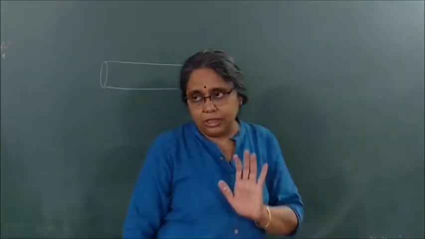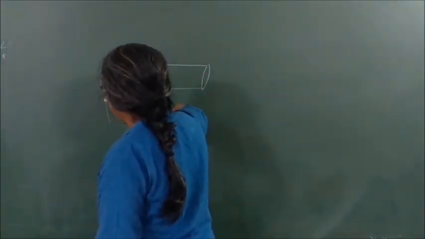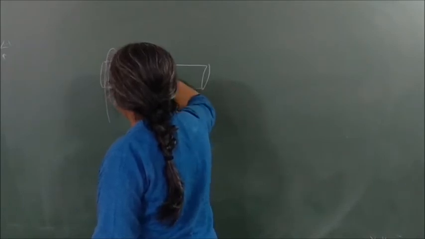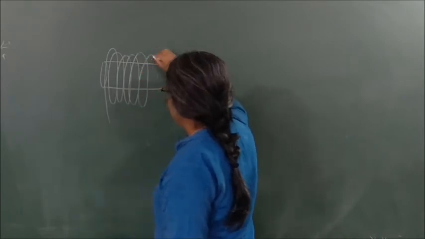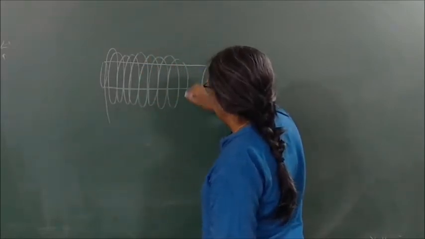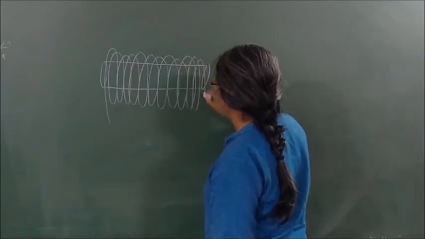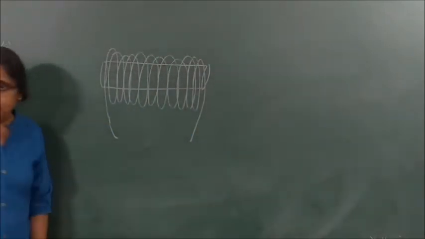Okay? And on that, what we do is we take a copper wire and then rotate it very closely to make a solenoid. Do you get my point? You would have seen a solenoid, small small devices. Okay, this is what is a solenoid. Fine? Understood?